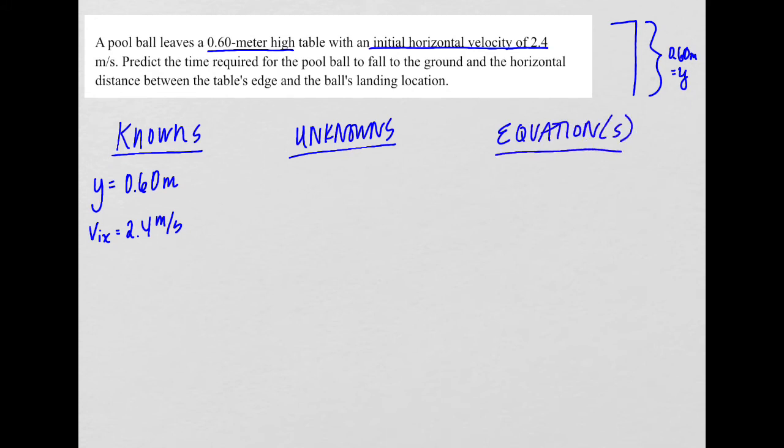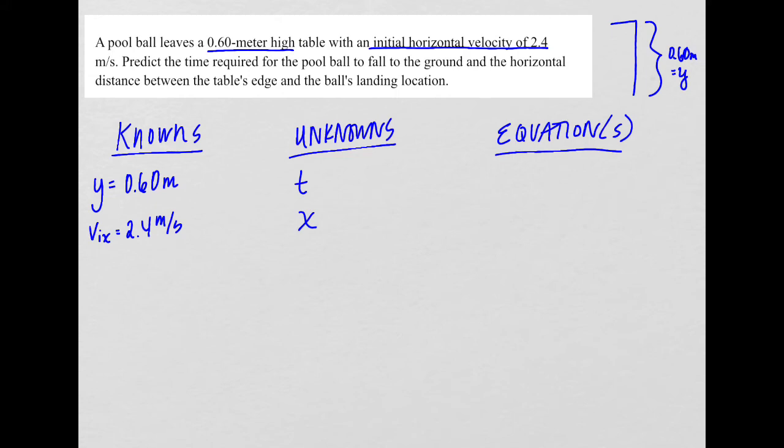So let's write down our unknowns now. Predict the time required, so we're looking for time for the pool ball to fall to the ground, and the horizontal distance between the table's edge and the ball's landing location, aka how far out does the ball go?